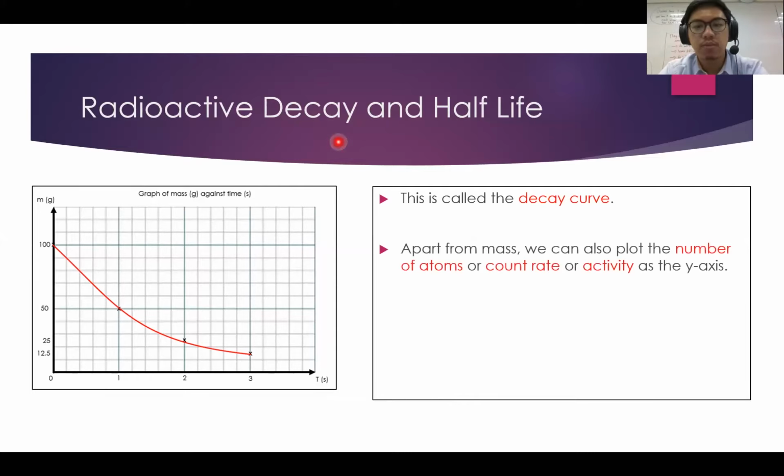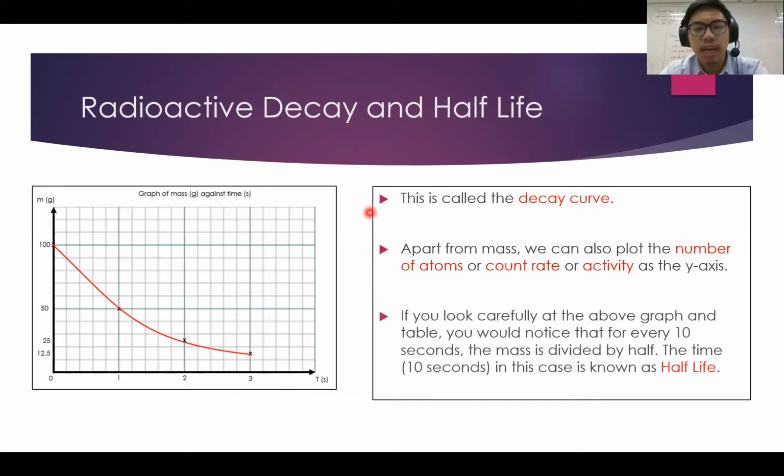Apart from mass, we can also put other units of radioactivity on the y-axis, such as number of atoms, count rate or activity. The shape of the graph will also be the same, so it should look like a curve.